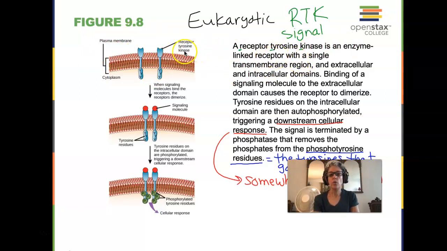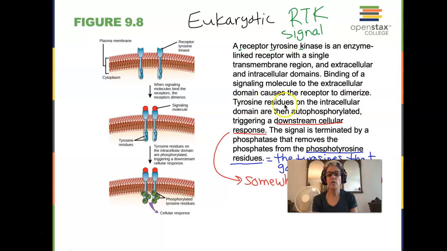It has only one space where it crosses the membrane, but there are 2 separate ones. When the signal binds, these 2 individual units associate with each other closely in the membrane.